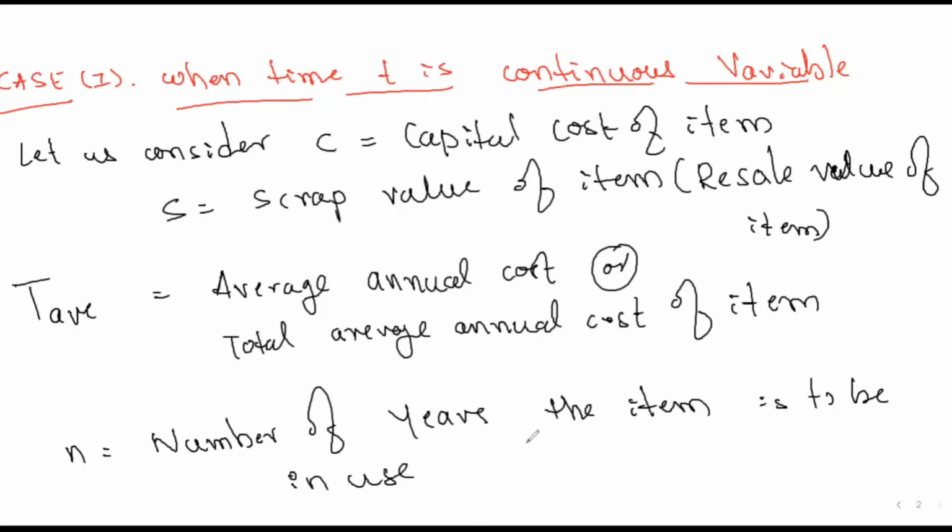So these are some terminologies. We have some more terminologies. Next, we are considering f of t.